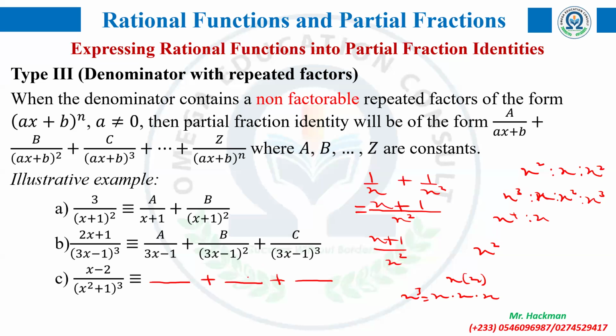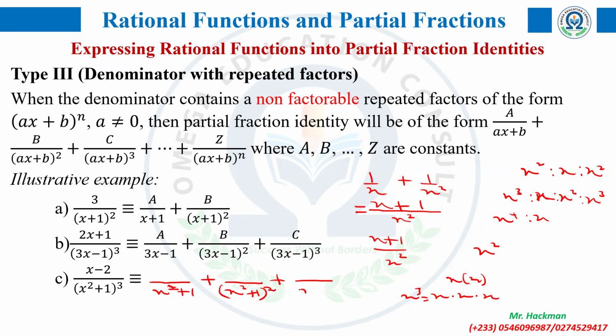Yes. Now each of the fractions, I should know the denominators. Because it's a quadratic denominator, repeated, I will start from the s squared plus 1. The denominator here will be s squared plus 1 but squared. Is that clear?